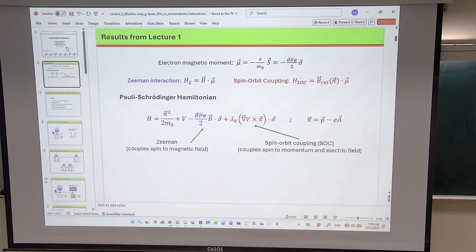So we have this equation. Actually, we discussed this Pauli-Schrödinger equation in the previous lecture. And we saw that here we have the Zeeman splitting, which depends on the g factor. The g factor for the electron is roughly 2. And this is the Bohr magneton, which is very small. So this splitting is usually very small.